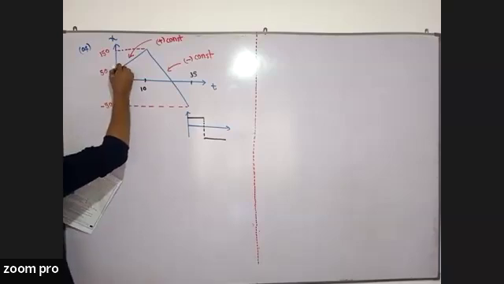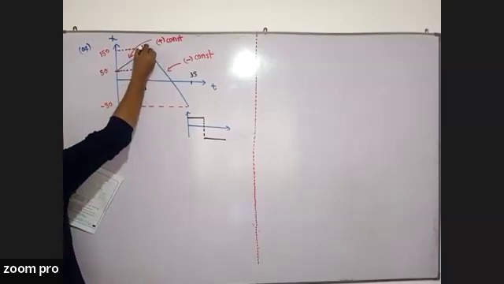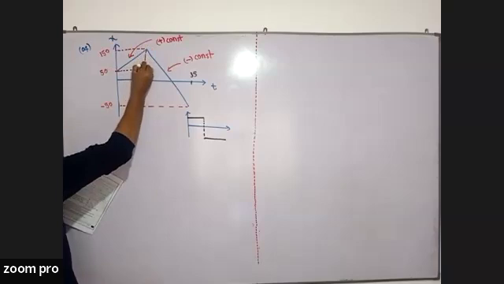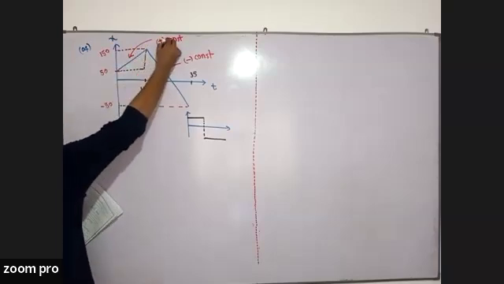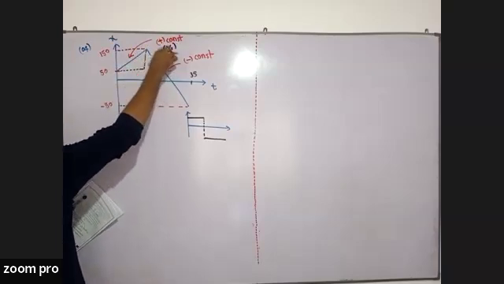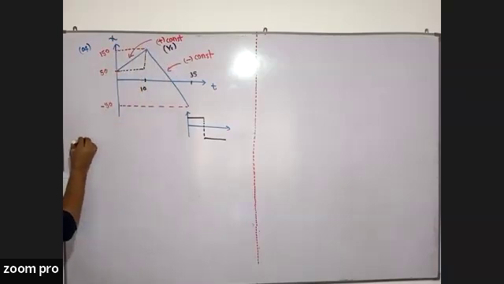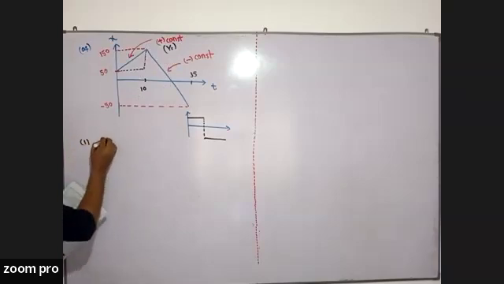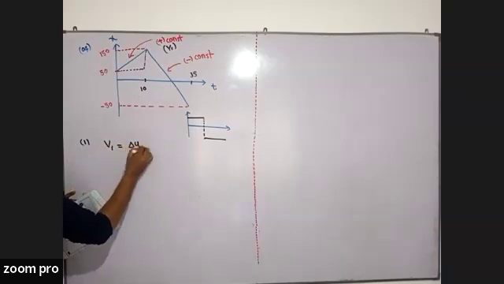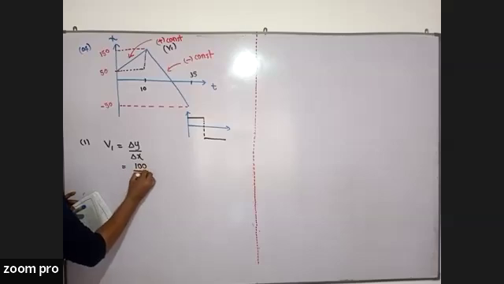So that means by considering the gradient of this part, we can consider the velocities at this point. Let's consider it as v1. You know that v1 is equal to the gradient of this graph, so v1 can be obtained by delta y over delta x, which is 100 over 10.